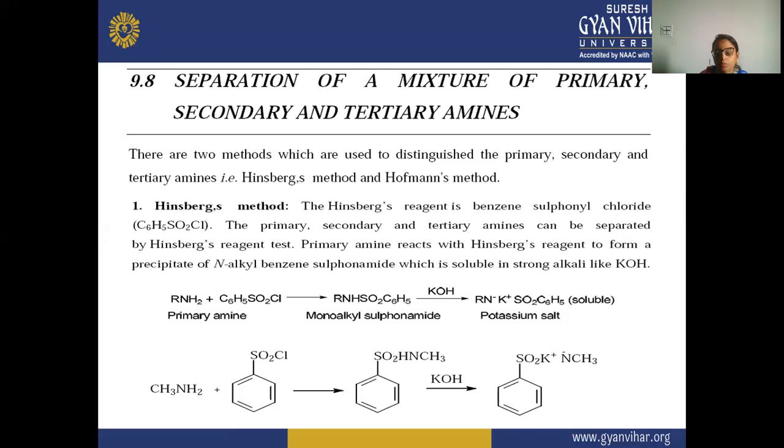There is a formation of monoalkyl sulfonamide. After that, it reacts with the strong alkali KOH, forming the potassium salt, which is soluble in the strong alkali. So primary amines form a soluble product with the Hinsberg reagent.